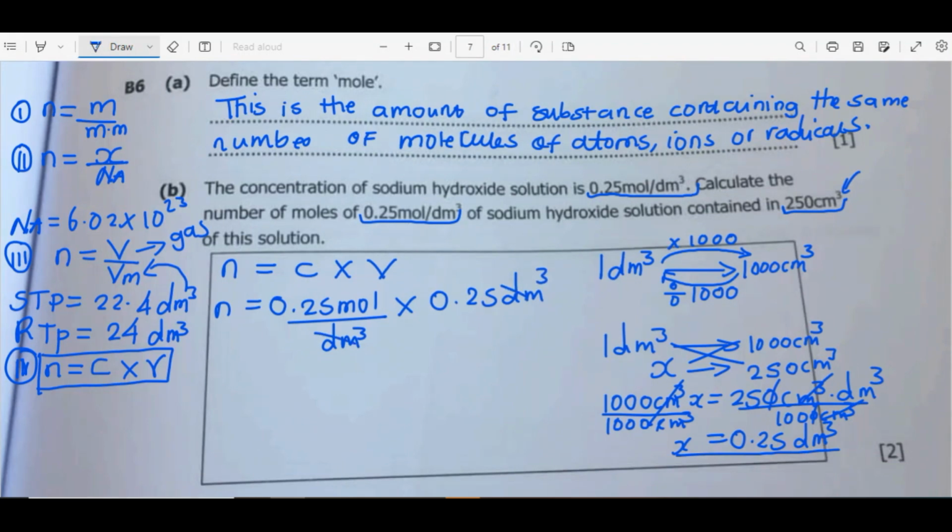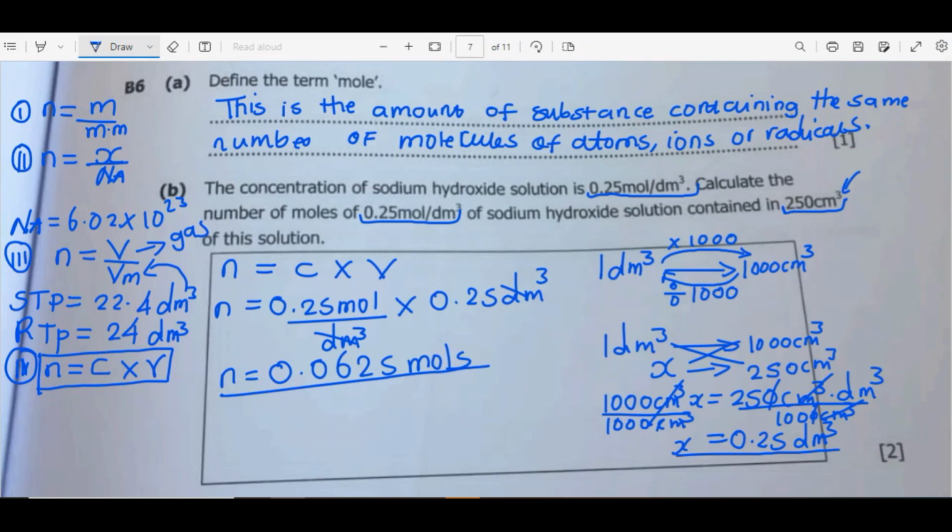If you go on the calculator, 0.25 times 0.25, I'm getting 0.0625 moles. These were the moles of sodium hydroxide.